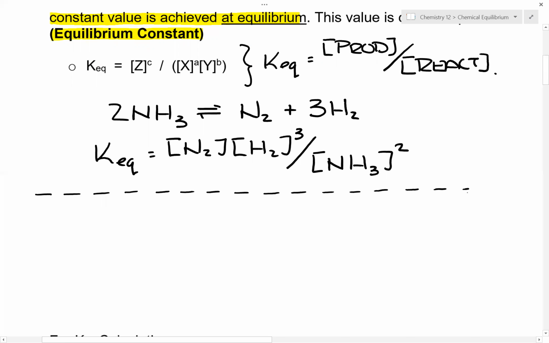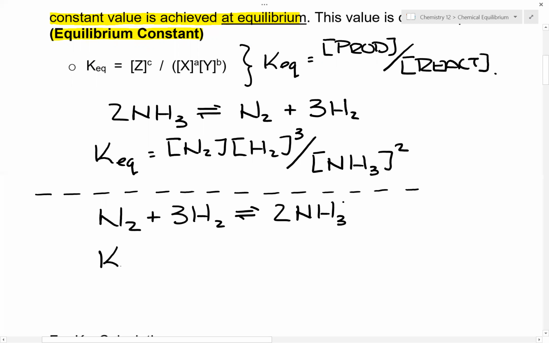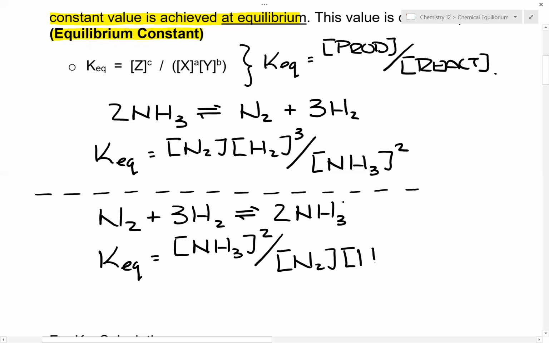What if we were to flip the equation? What if we were to say, well, no, what we have is N2 plus 3H2 in equilibrium with 2NH3. So we would have KEQ is equal to the concentration of NH3 to the power of 2, all over the concentration of N2, concentration of H2 raised to the power of 3.